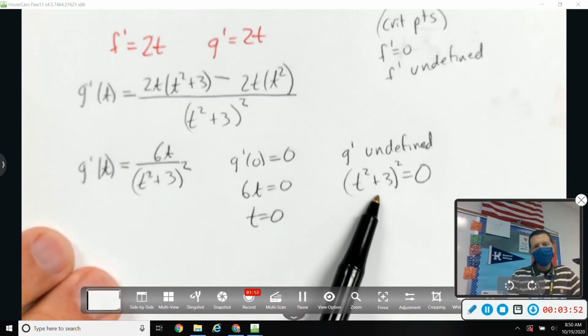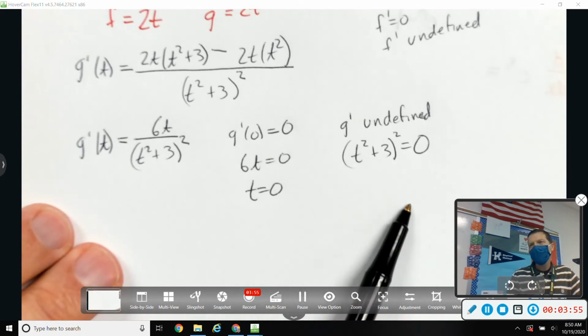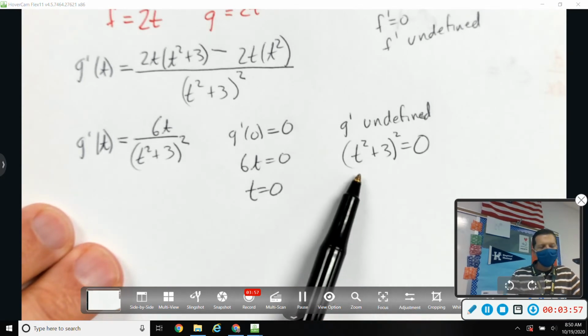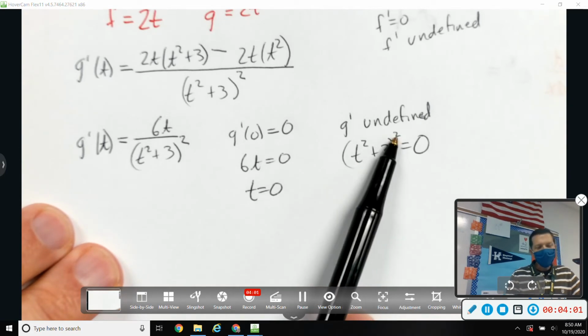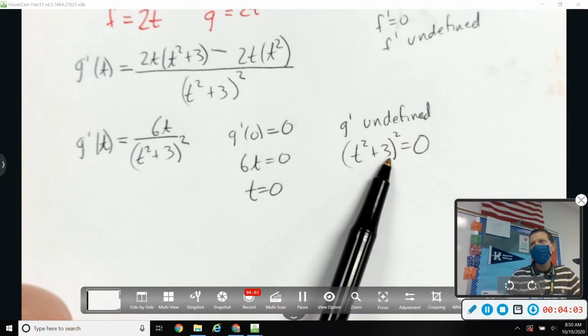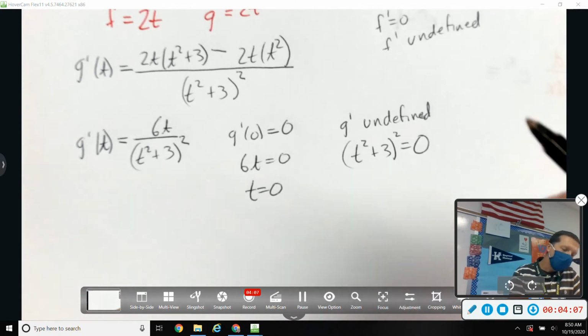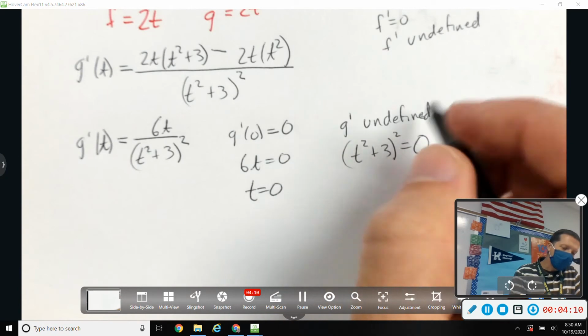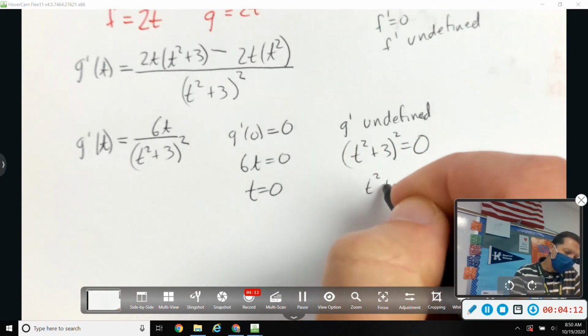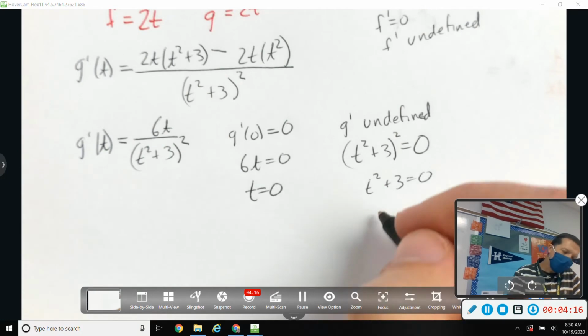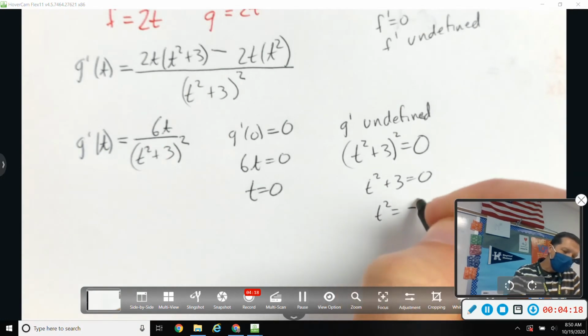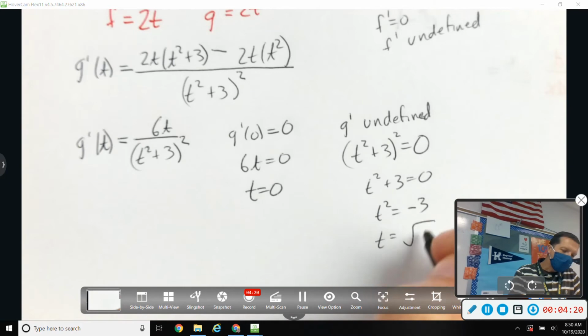And you've got some options here. You could try to work this out, or you could look at it and say, well, look, if I square something and then add 3 and then square that, I'm going to get a positive number. There's no other way around that. So there aren't any places where g is undefined. If you want to work it out the long way, square root both sides, move the 3 over, and then you're trying to take the square root of a negative number, and that doesn't work.